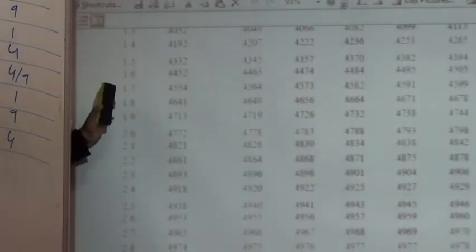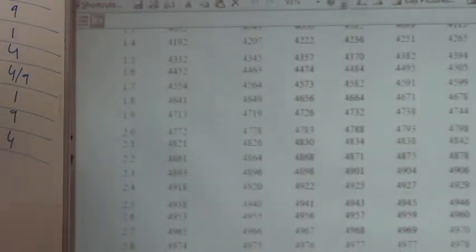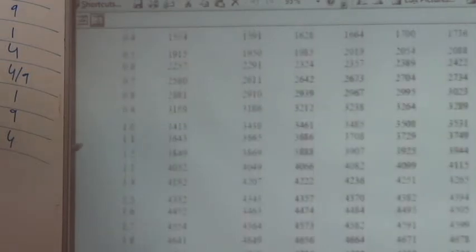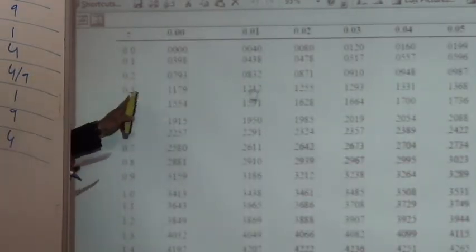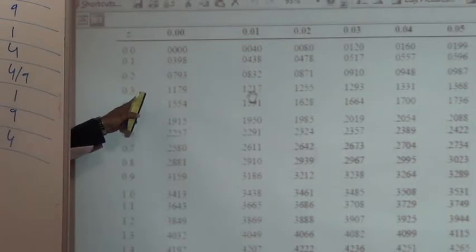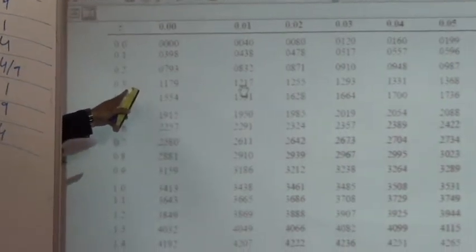Now if you see over here, this is a table of the normal distribution bell-shaped curve, and we need to find the area for the z-score 0.31. This is the row where 0.3 is there, and we need 0.31, so 0.3 and in that column it will be 1.